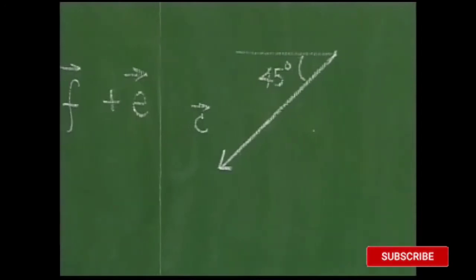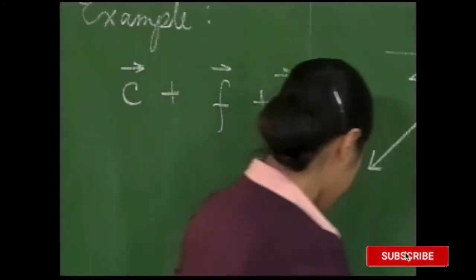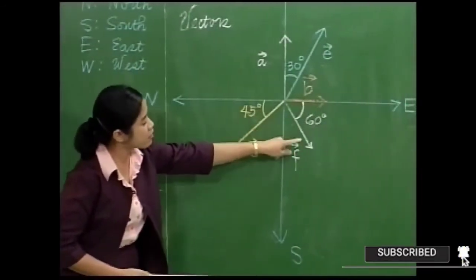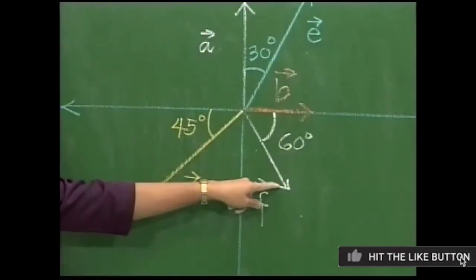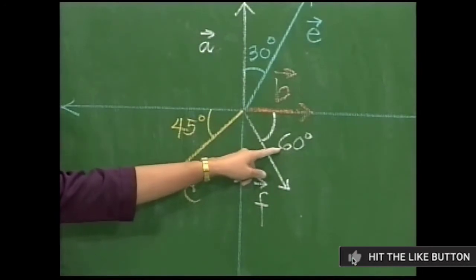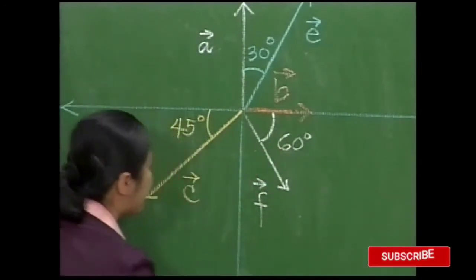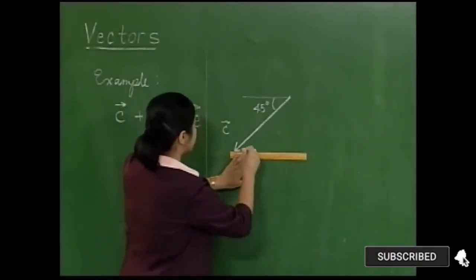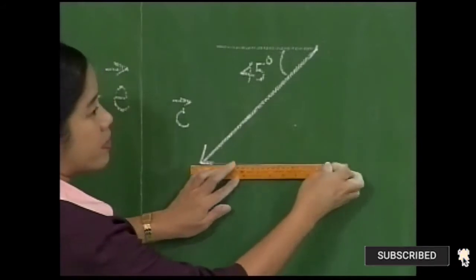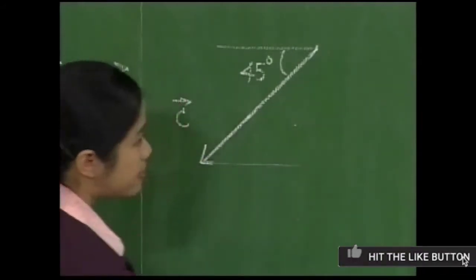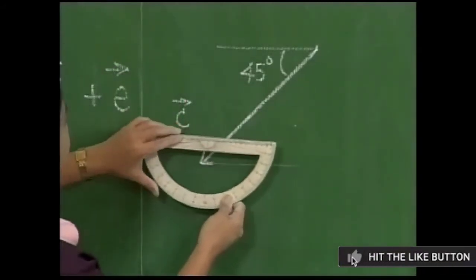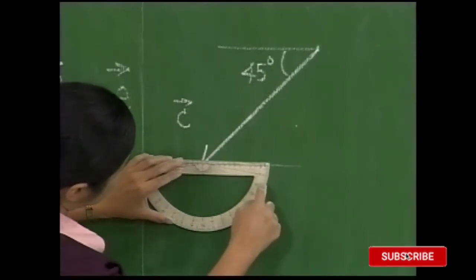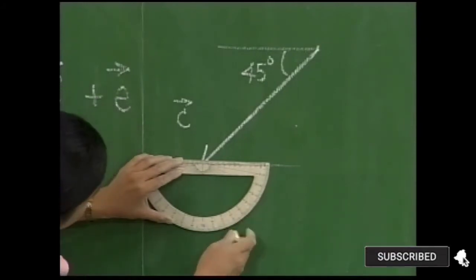Then I have vector F. What is vector F? Vector F is this vector of length 20 centimeters and angle 60 degrees from the east. So again, I draw my reference line just so I know that I should get the same angle. And I will connect to the tip. 60 degrees. 10, 20, 30, 40, 50, 60.